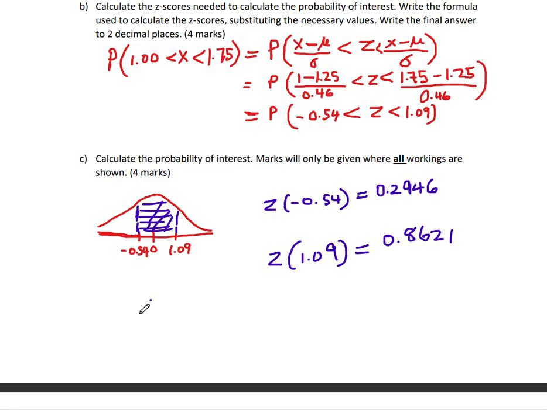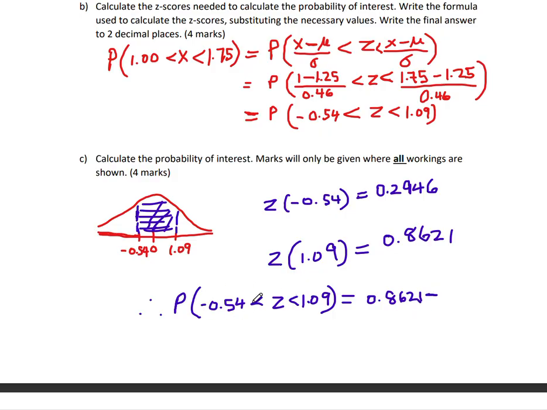So therefore, I'm going to conclude here that the probability that z is greater than negative 0.54 but less than 1.09 is equal to the probability associated with the larger number, which is 1.09, and that probability would be 0.8621.